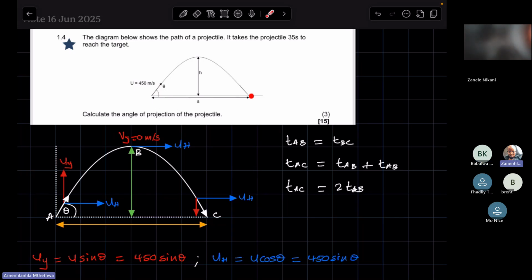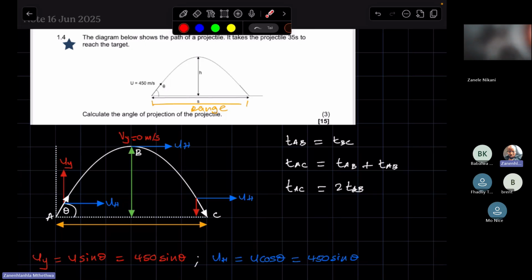Similarly, had you been given, say, the range instead, and then asked to calculate the angle of projection, you would have to use the range, because the range contextualizes the question.